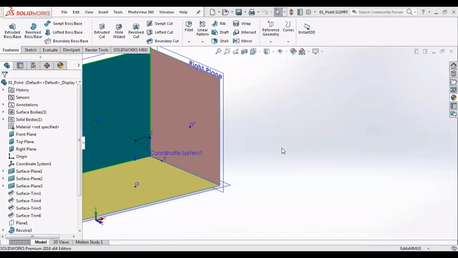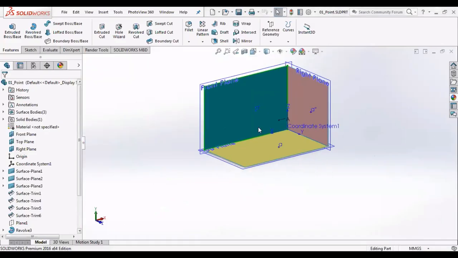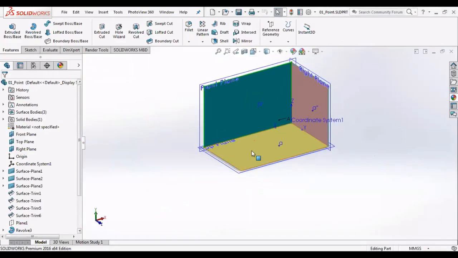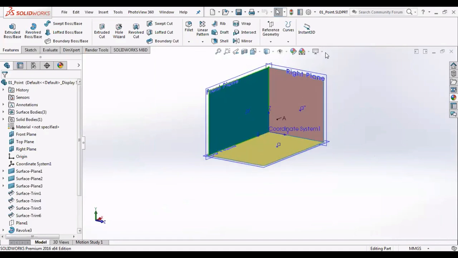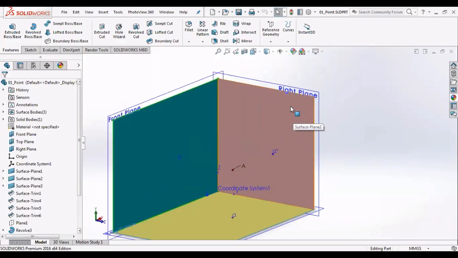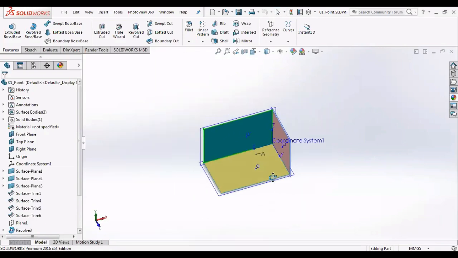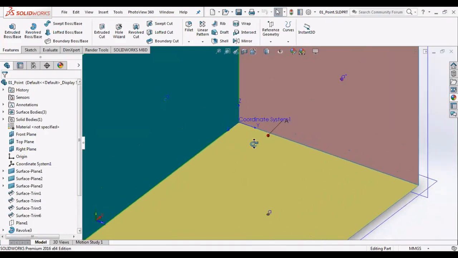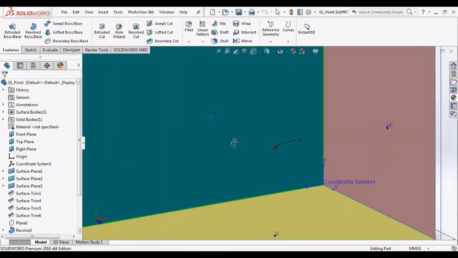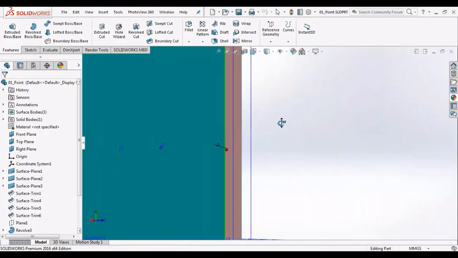Here three planes are given. The yellow one is the top plane, the blue one is the front plane, and the purple one is the right plane. Point A is given, this red point in space.